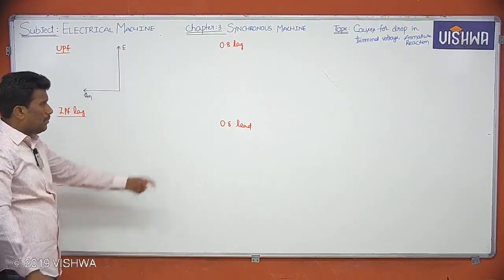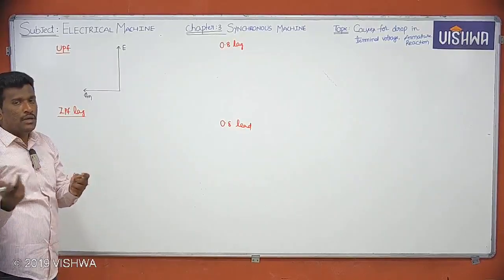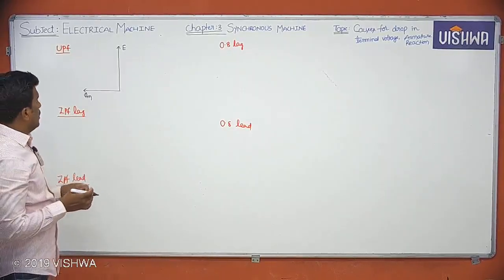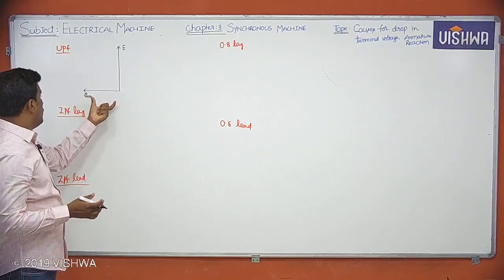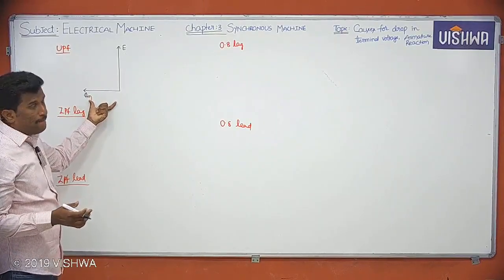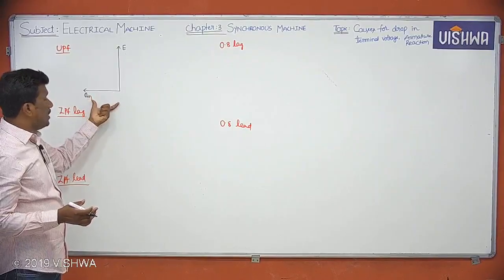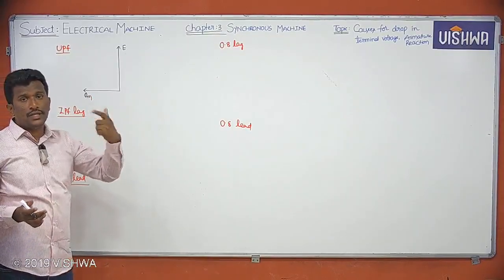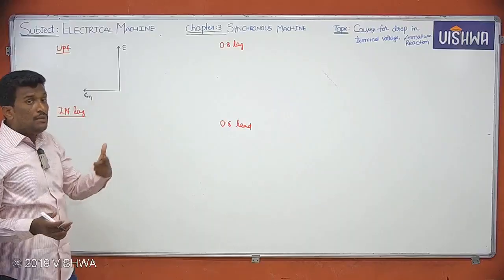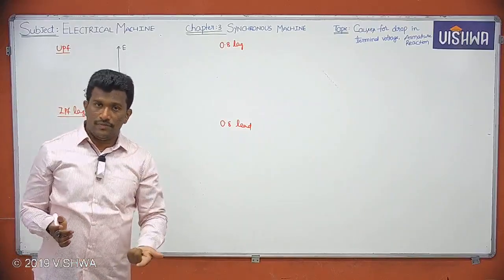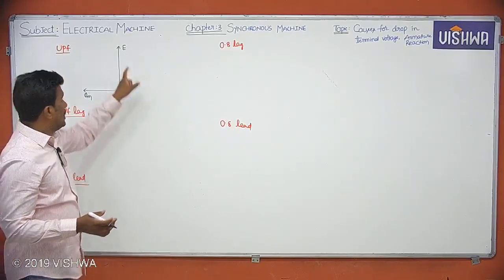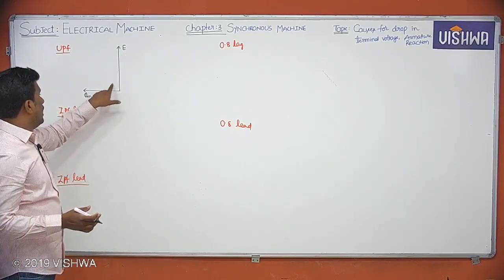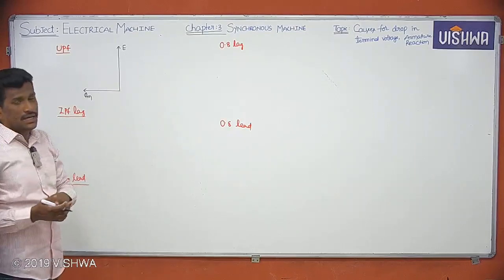Already previously I showed it as EZ or E, whatever. Now see guys, in this vector diagram, because of giving excitation to the field winding, I'll be getting main flux phi m, and because of the main flux, a rate of change of flux linkage will be there in our alternator. EMF will be induced in the armature winding. So that is nothing but E. These two are displaced by 90 degrees.